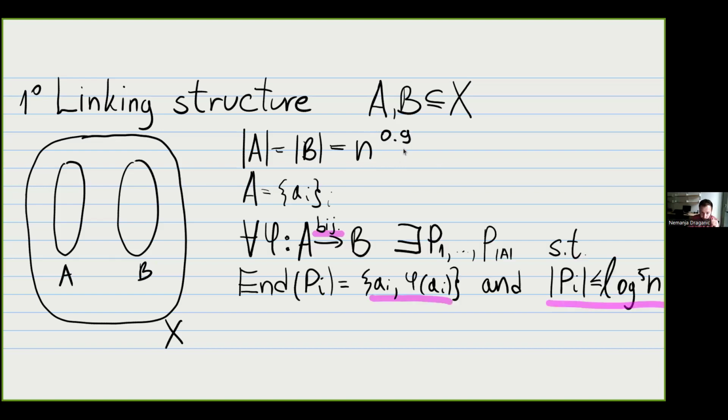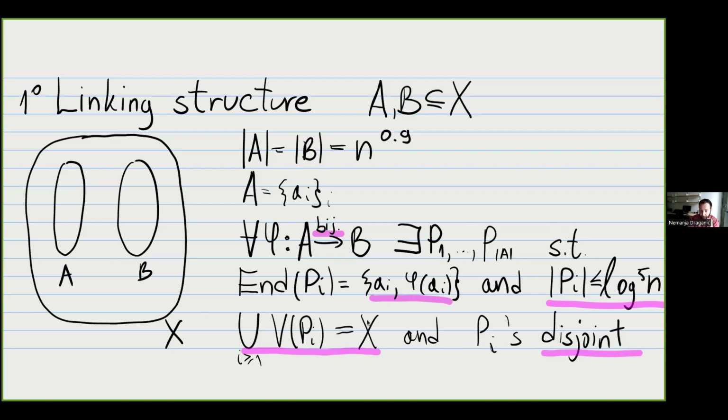Now the crucial property: for any pairing of A and B, for any bijection from A to B, there exist paths such that the endpoints of the paths are exactly A_i and the image of A_i, and the paths are short. Not only this, these paths are disjoint and really span the set X.